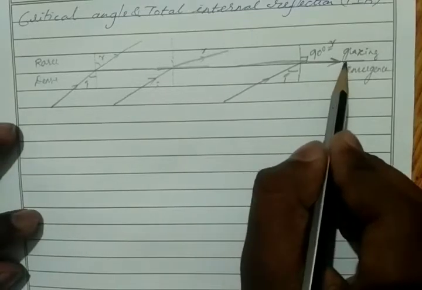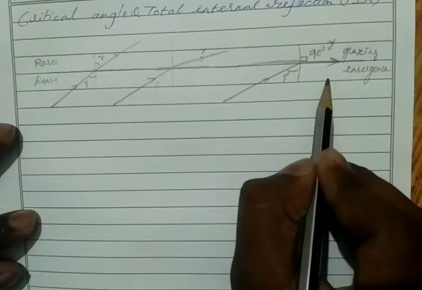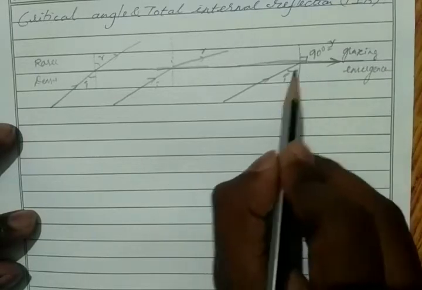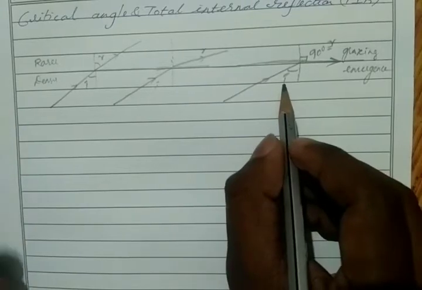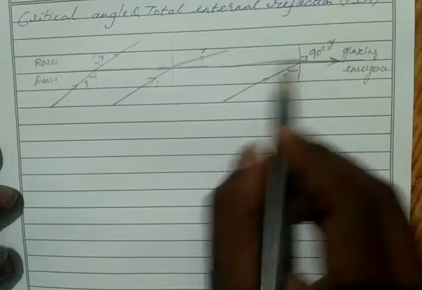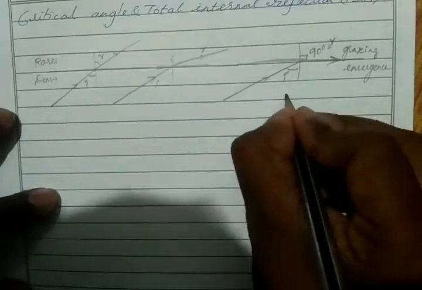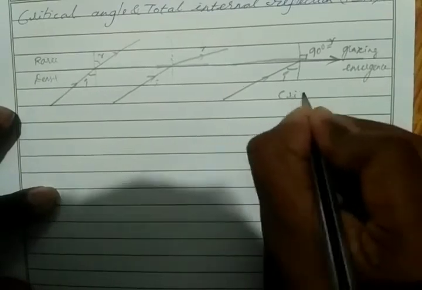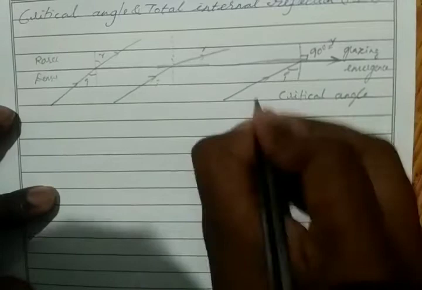This emergent ray grazes the interface of rarer medium and denser medium when the refracted angle is 90 degrees. So this incident angle is known as the critical angle.